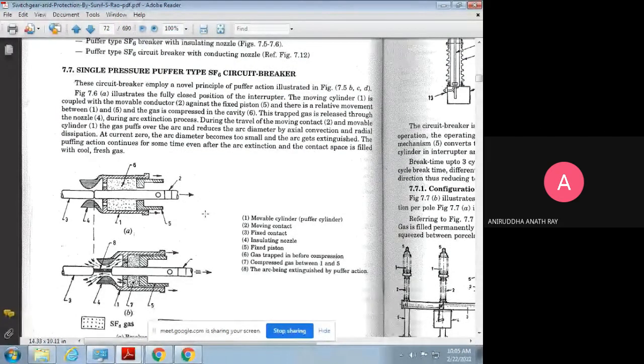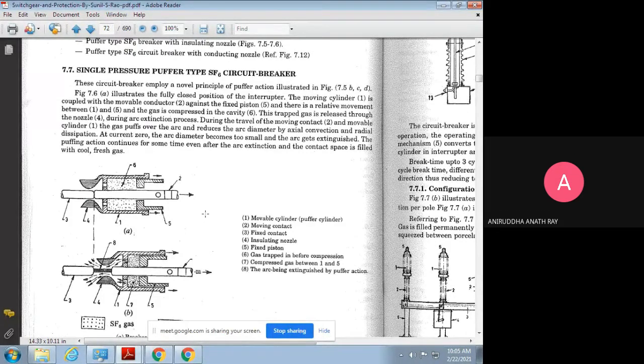So the figure illustrates the fully closed position of the interrupter. The moving cylinder is coupled with the movable conductor against a fixed piston, and there is relative movement between 1 and 5.